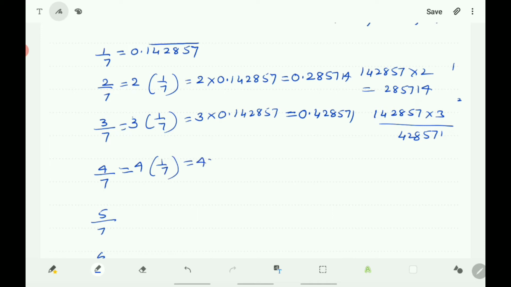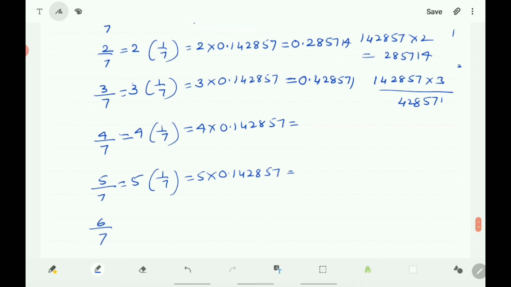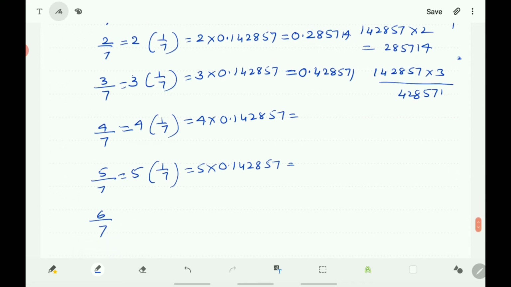Next again, here you know that 4 by 7 means 4 into 1 by 7. So it is 4 into 0.142857. You multiply this 0.142857 by 4 and write the answer. Similarly, this is 5 into 1 by 7, that is equals to 5 into 0.142857. Again you multiply 0.142857 by 5 and you write the decimal expansion of 5 by 7.